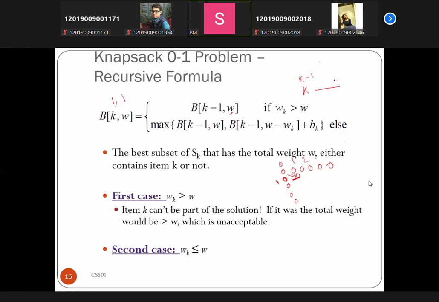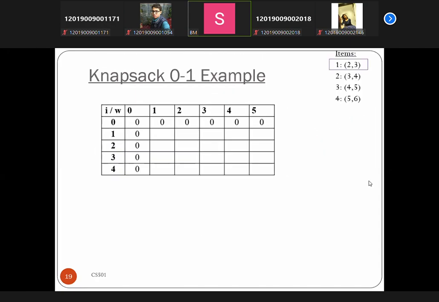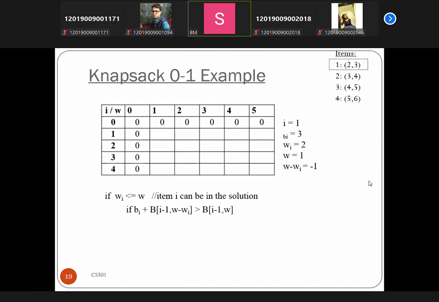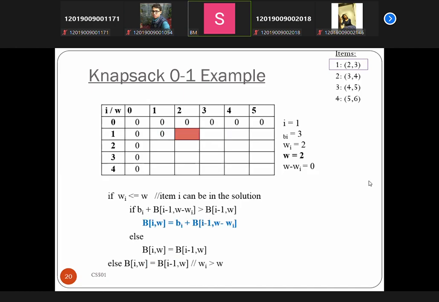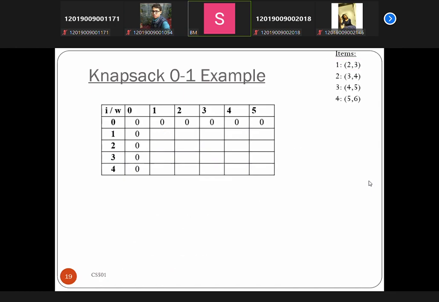Compare them, and whatever is maximum, take that. You need to add the previous value also. You no need to even remember the formula elaborately. You can look at it this way. This added term is your profit.